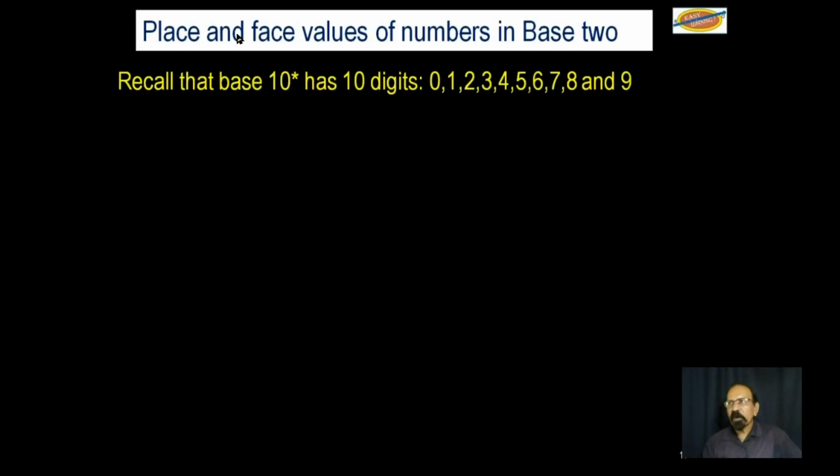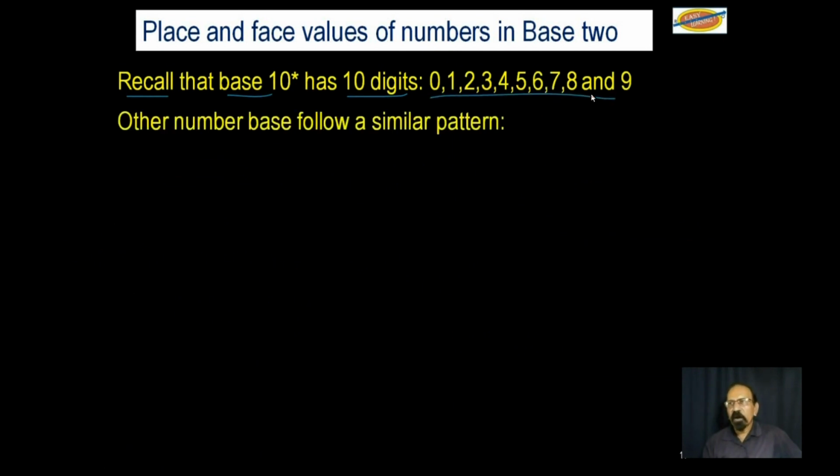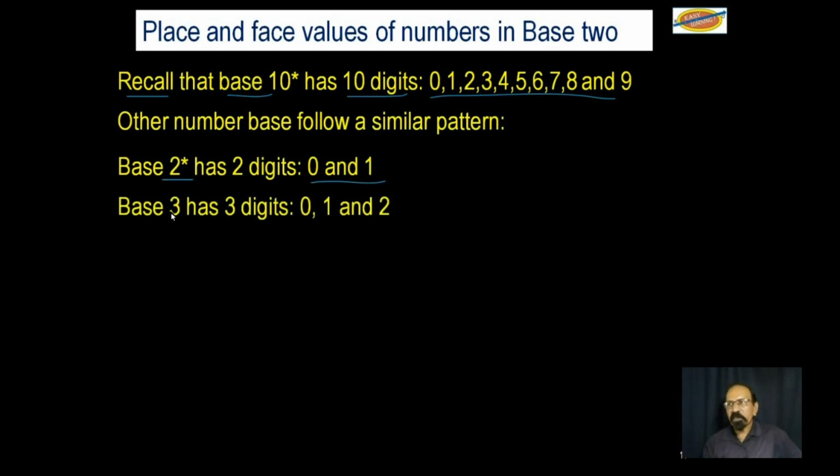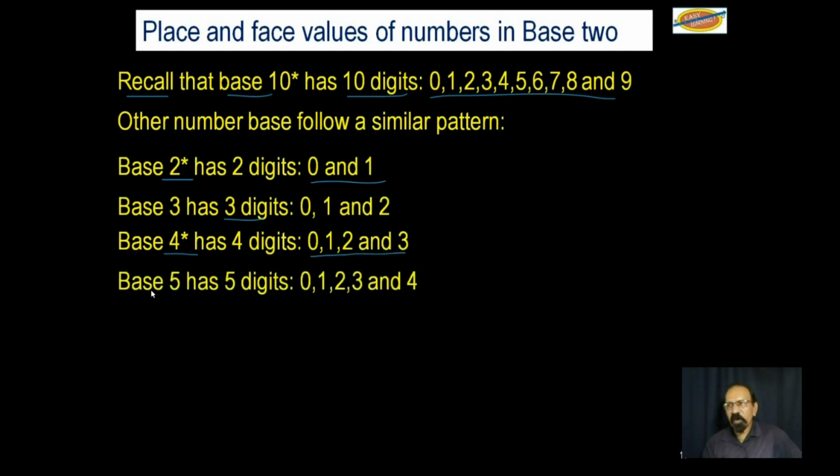So place value. We know that base 10 has 10 digits, 0 to 9. Other bases follow a similar pattern. Base 2 has only 2 digits, 0 and 1. Base 3 has 3 digits, 0, 1, and 2. And so on. Base 4, which we will do next, has 4 digits, 0, 1, 2, and 3. Base 5, and so on.